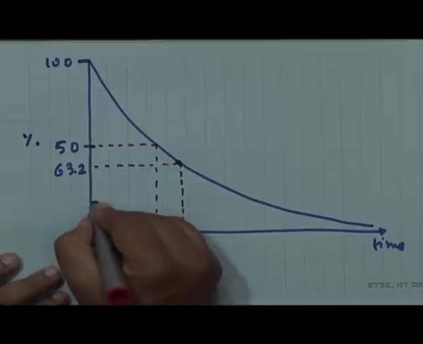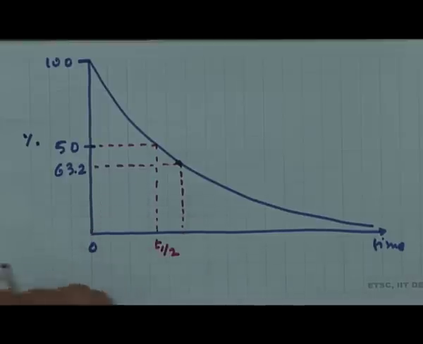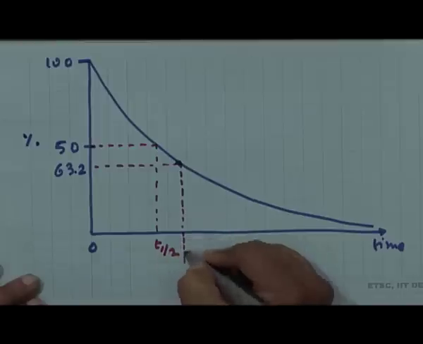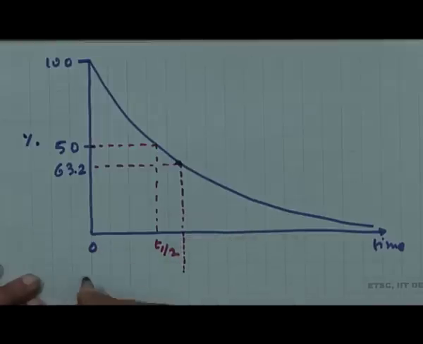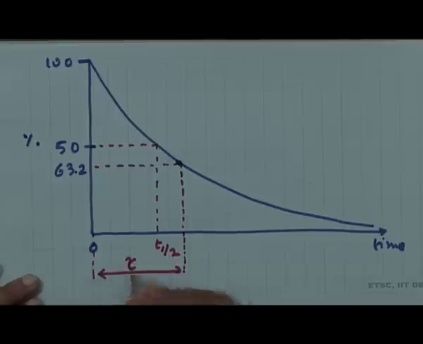So, from here to here, this would be tau. This is my relaxation time.